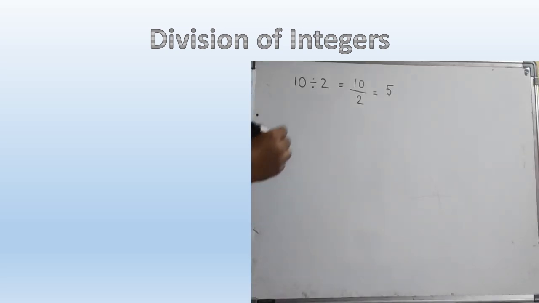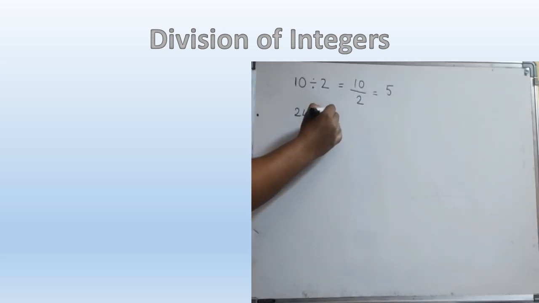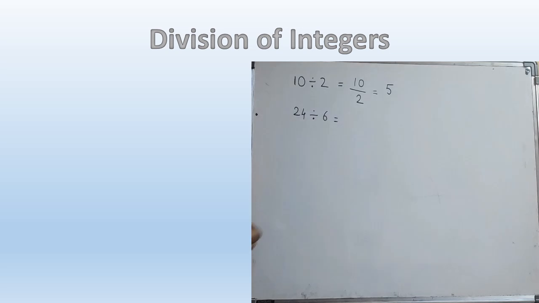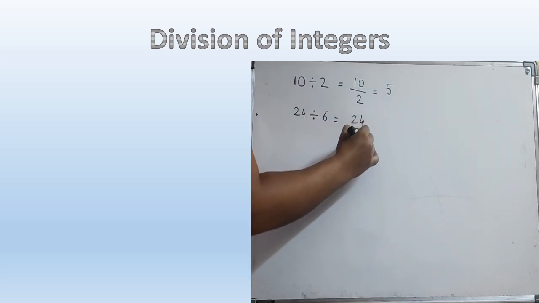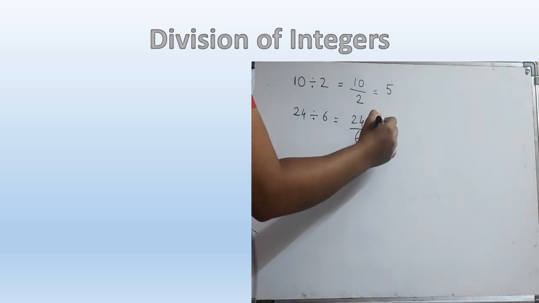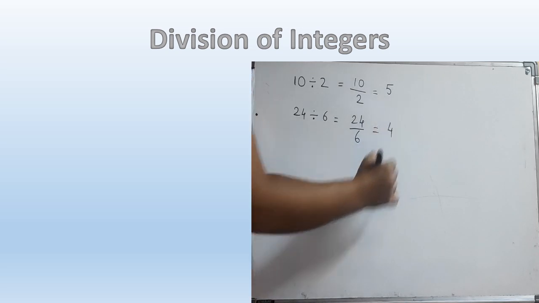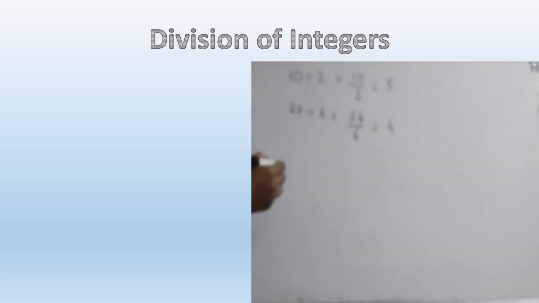We'll do one more. For example, if you have 24 divided by, say, 6. Again, what will you write? 24 divided by 6. This is written as 6 ones are 6 and 6 fours are 24. Then one more example we'll take.